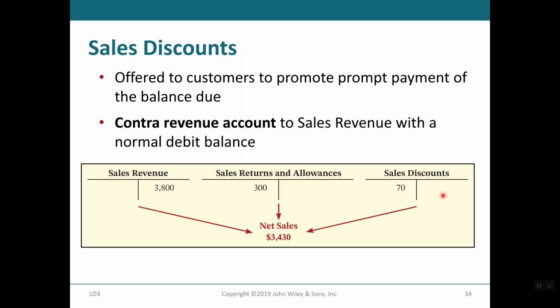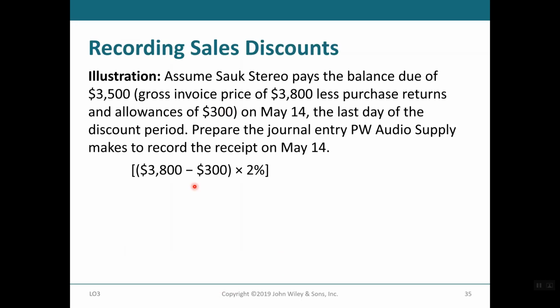We also have the sales discount account, and that gives us 70. The net sales is going to be 3,800 minus 300 minus 70 to give us a net sale of 3,430.